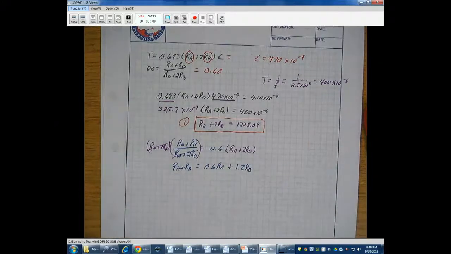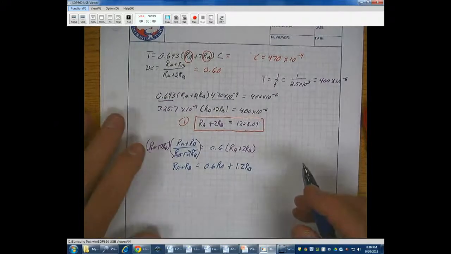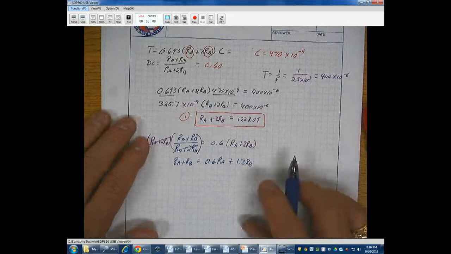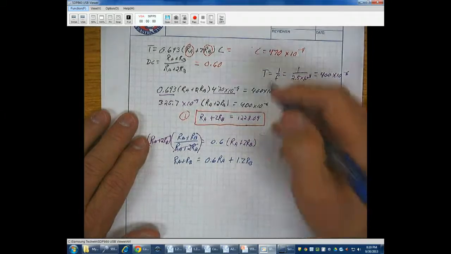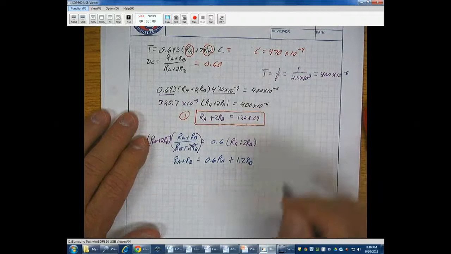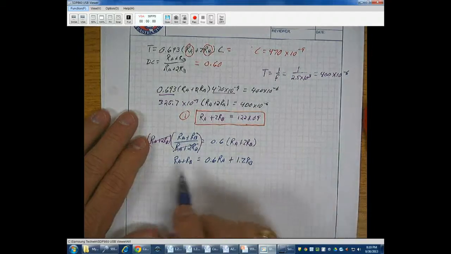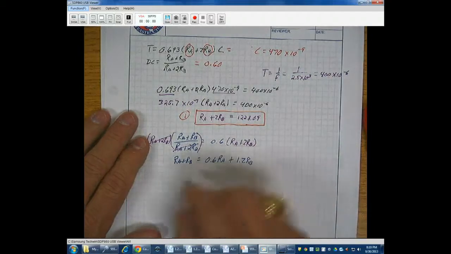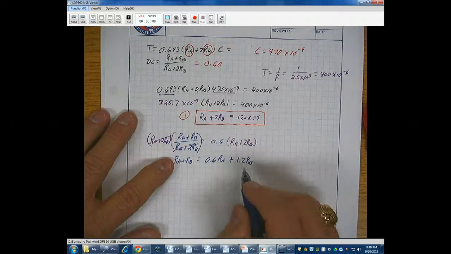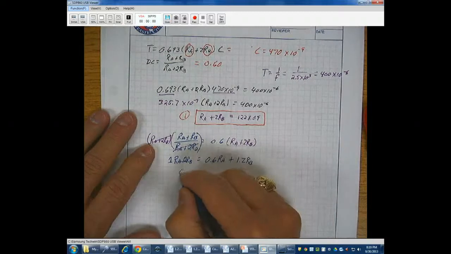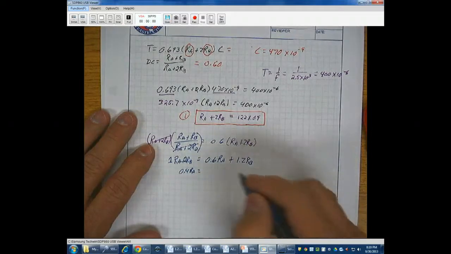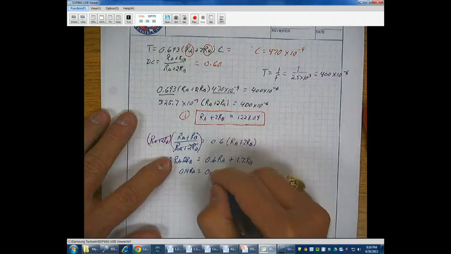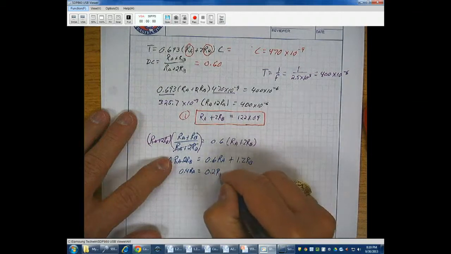Just get all the stuff that's RA on one side and all the stuff that's RB on the other side, and then I can take it. One of the ways we have for solving two equations with two variables is substitution, which is exactly what I'm going to do. I'm going to subtract RA from each side and RB from each side. I'm going to subtract them both. So I'm going to have 0.4 RA equals minus 0.2 RB.